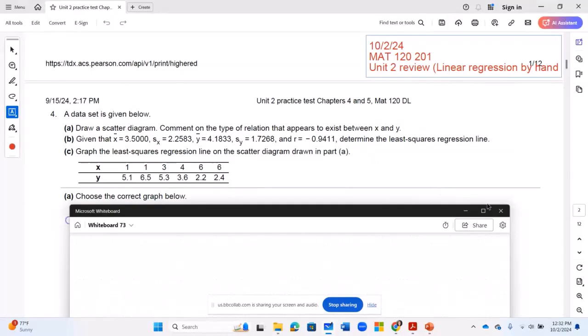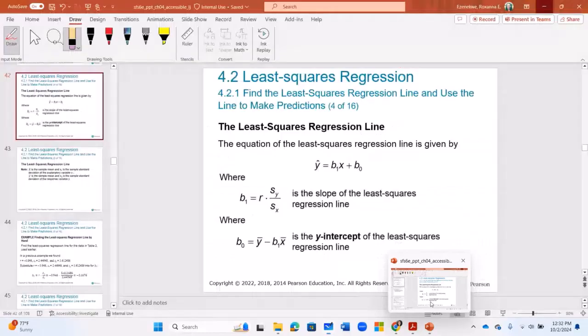Okay, so what we do is we are given the formula though. So I will actually pull this formula up right now.